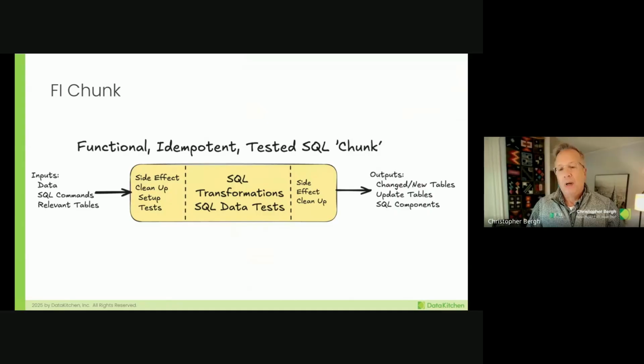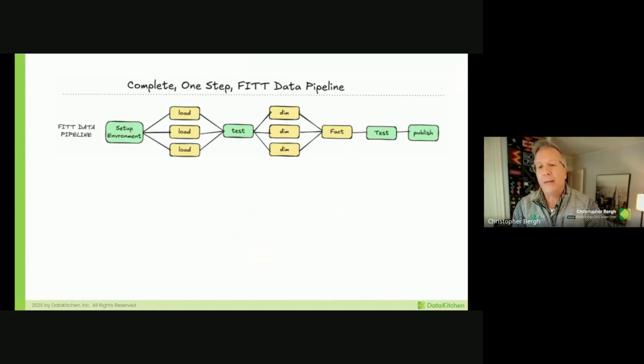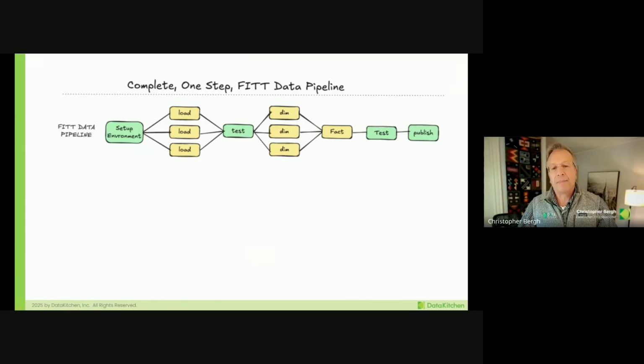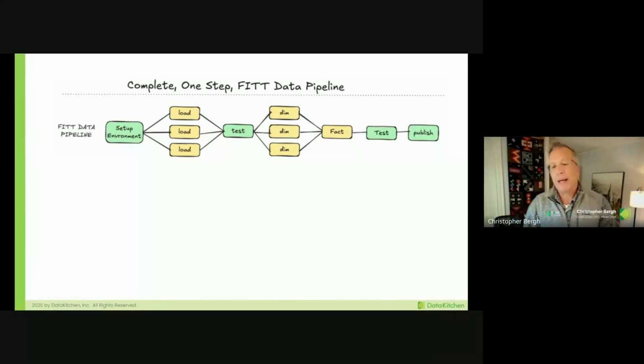Conceptually, I'd like you to think of these chunks as part of a data pipeline. If you look at a typical data pipeline, I set up an environment, I load some data, I test that data, maybe I build some dimensions and a fact table, I test or publish. However you want to do it, data vault, it doesn't quite matter here.